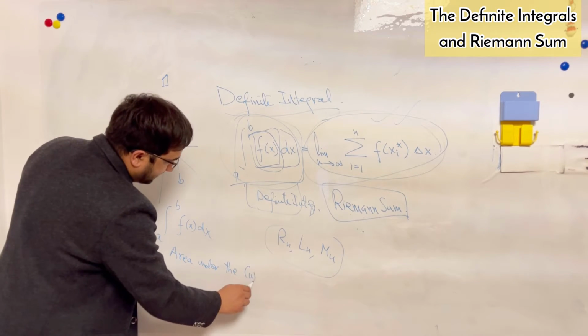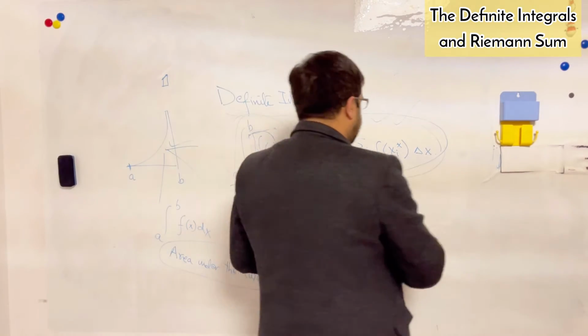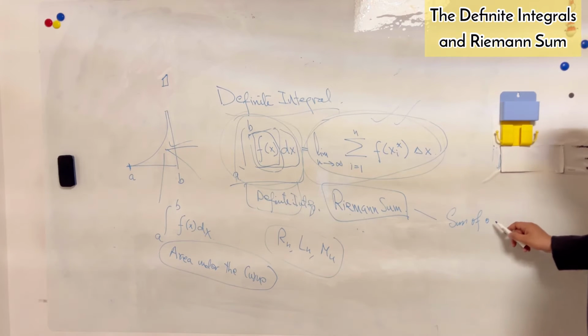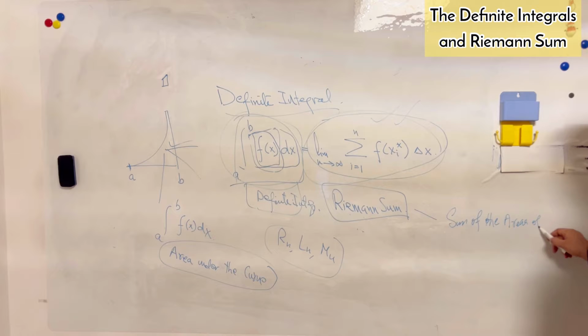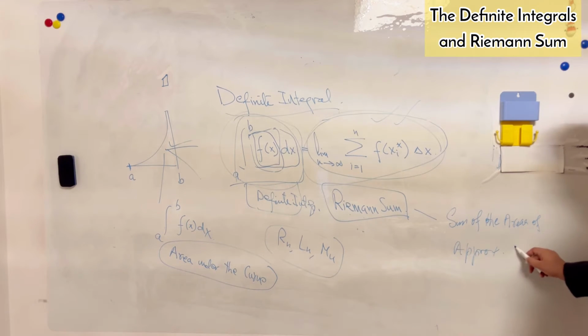Now you should be clear. And the Riemann sum means the sum of the areas of approximating rectangles.